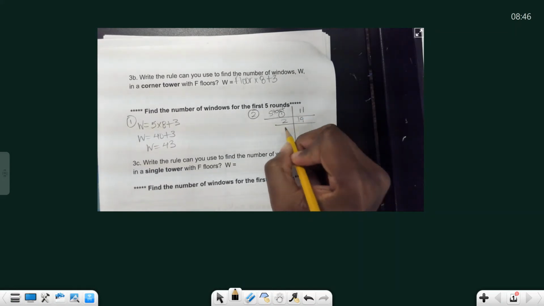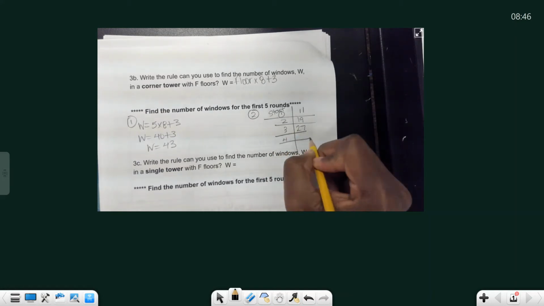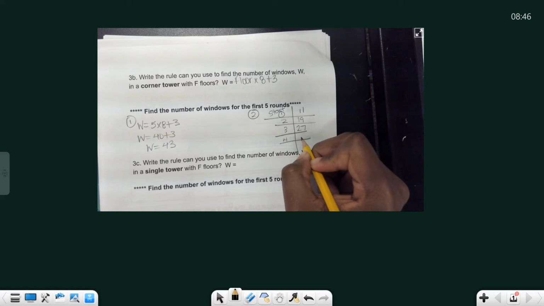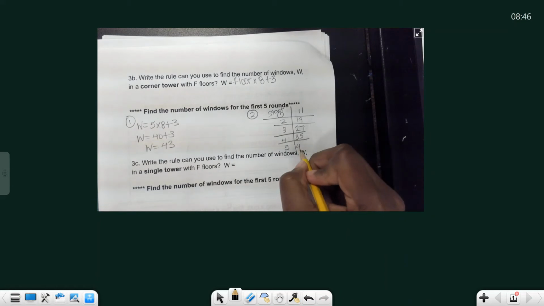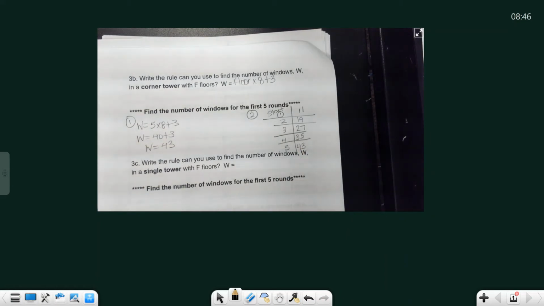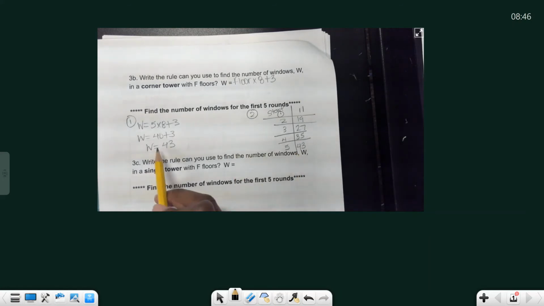So you should have 19. The third? 27. The fourth? 35. And the fifth? 43. So you see you have 43 windows on the 5th floor, 43 according to this expression.